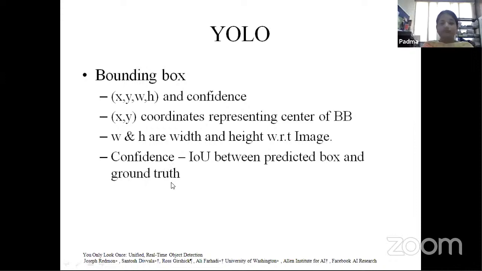So we will be computing the IOU between the predicted box and the ground truth box, and this would be 0 in case my predicted box is not overlapping, or is not even close to the ground truth, right?